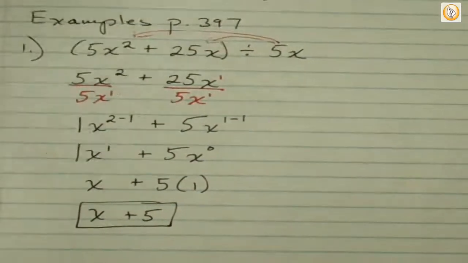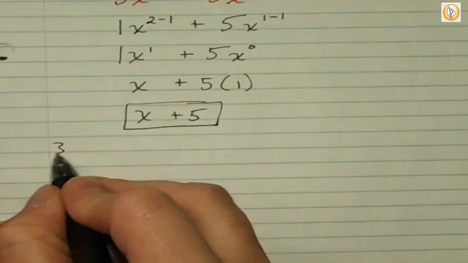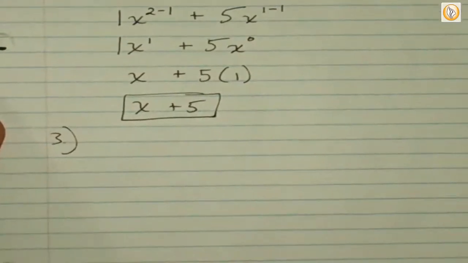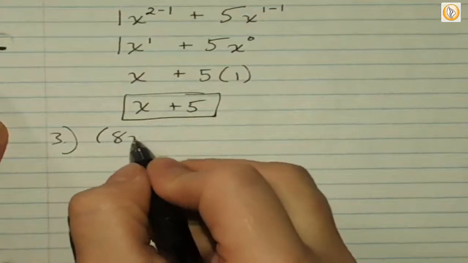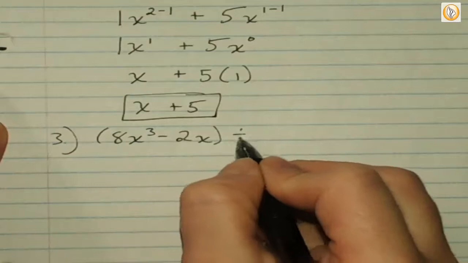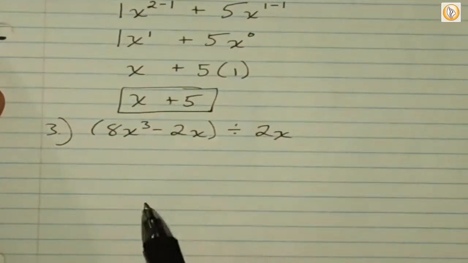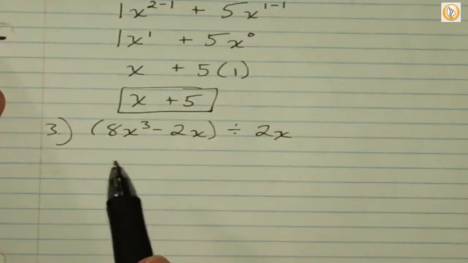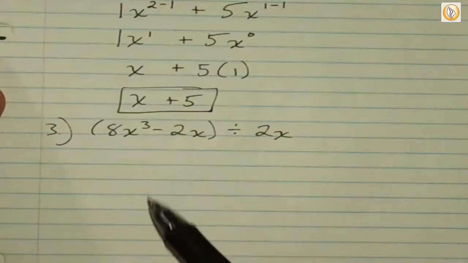Okay, number 3. Michael, I have 8x cubed minus 2x divided by 2x. First question, after you write that down, is this in descending order? Yes. Okay.